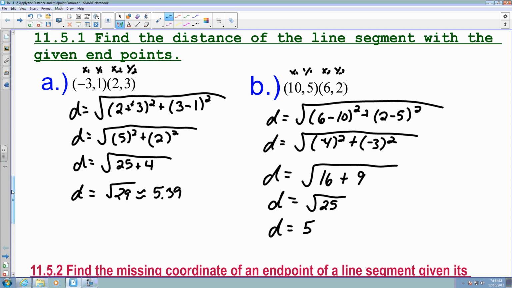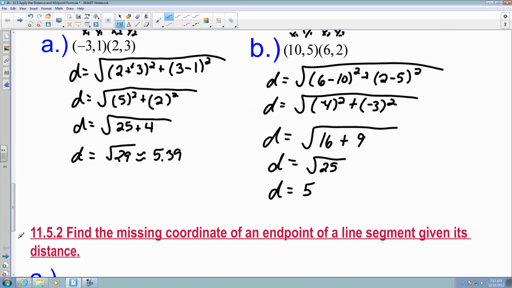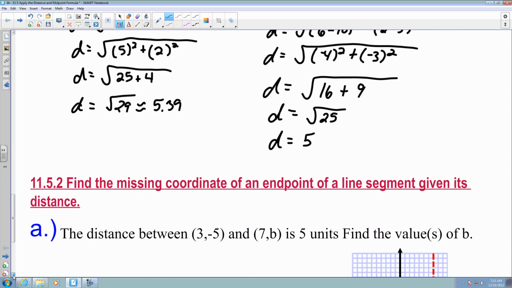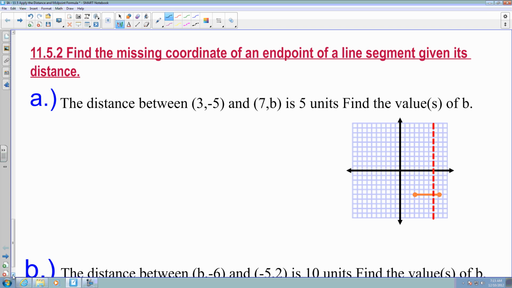Not so bad. This part here is where it gets a little bit more complicated. We're trying to find the missing coordinate of an endpoint of a line segment given its distance.